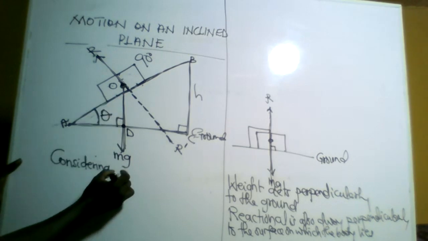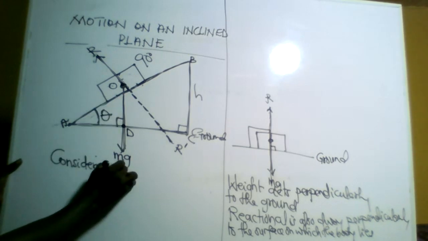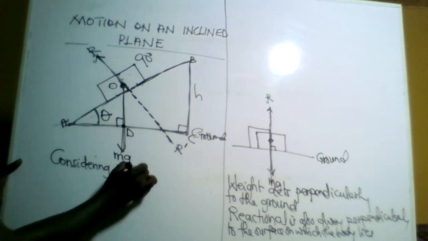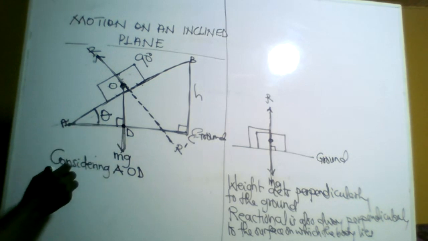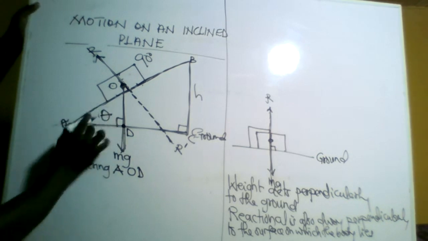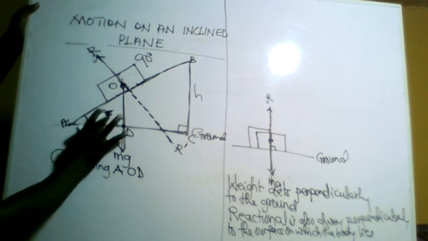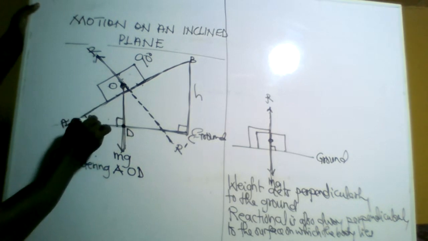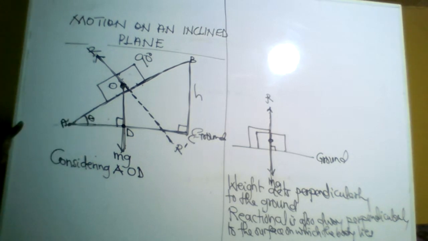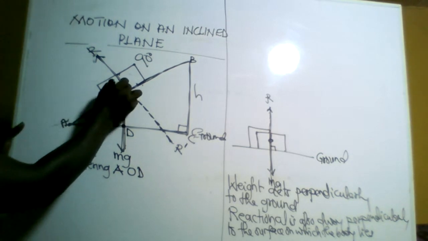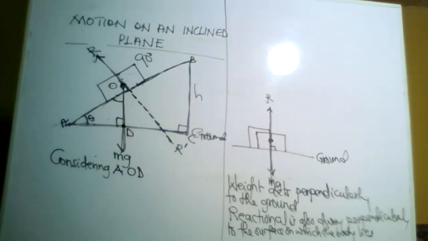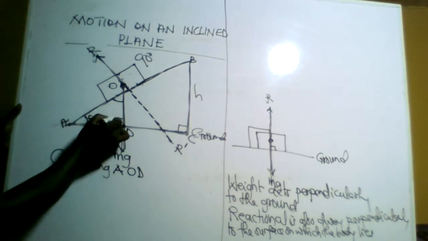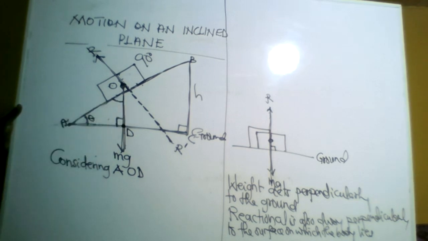Okay, so when we consider triangle A, O, D, this angle here is theta. If this angle is theta, what will be this angle? If this is theta, this is 90 minus theta. Good.